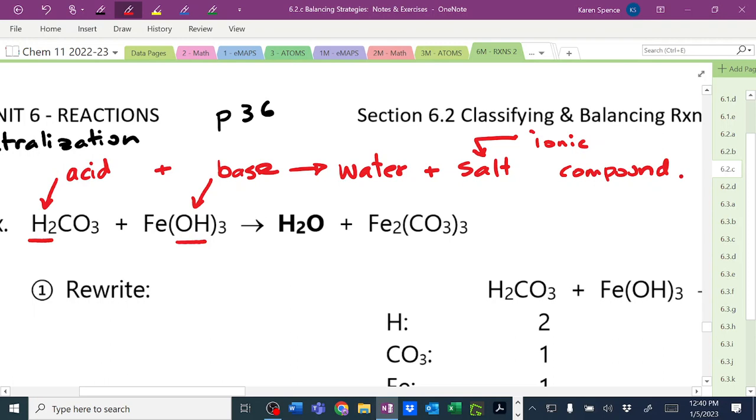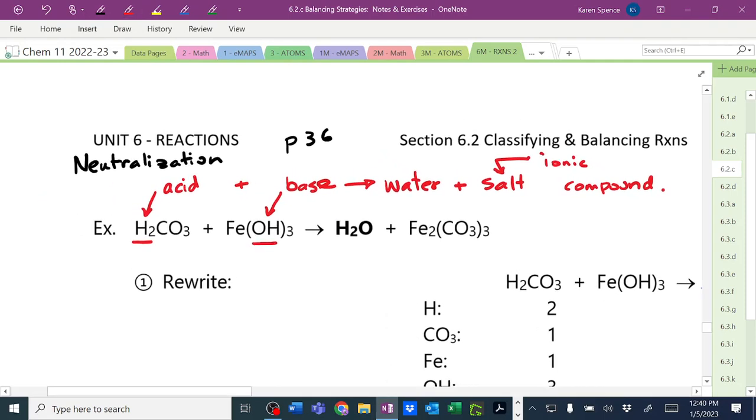Can anyone tell me what this also looks like? Because neutralization is just a special type of what other kind of reaction? Neutralization is a special type of, I'll let you guys think that through.